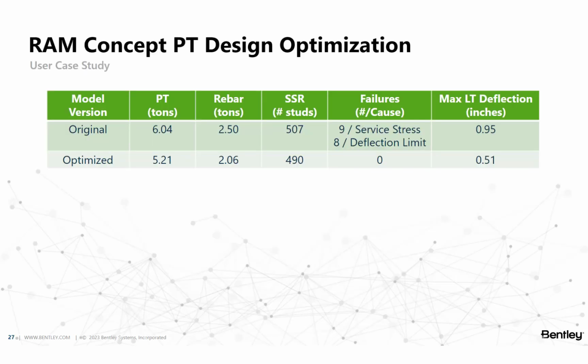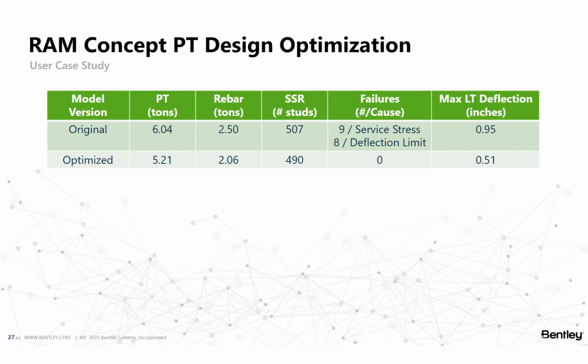The tabulated results here are from an actual user model that was sent into us and we optimized in RAM Concept. That design was nearly complete, but it had localized areas where higher loading and longer spans were driving both stress failures and also deflection issues, and they were difficult to eliminate.